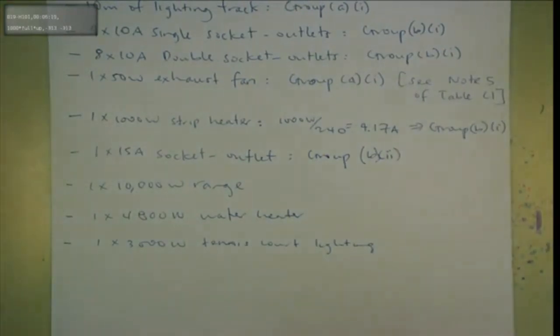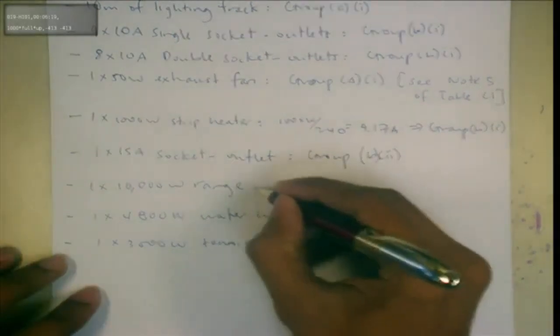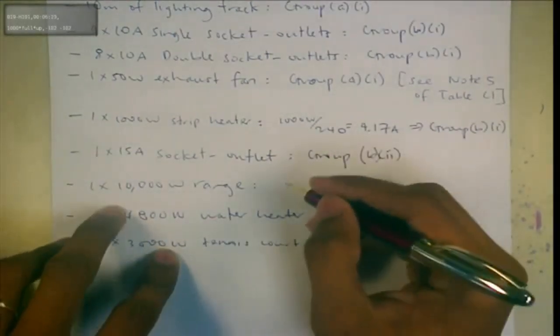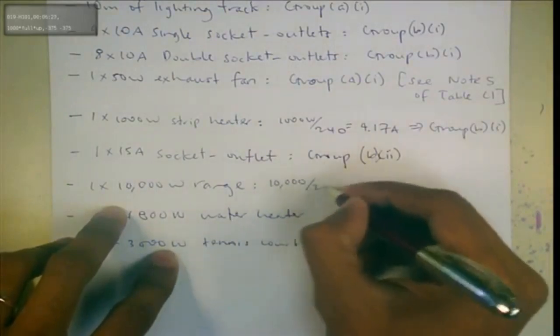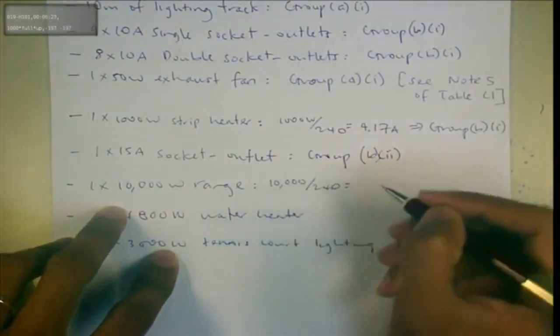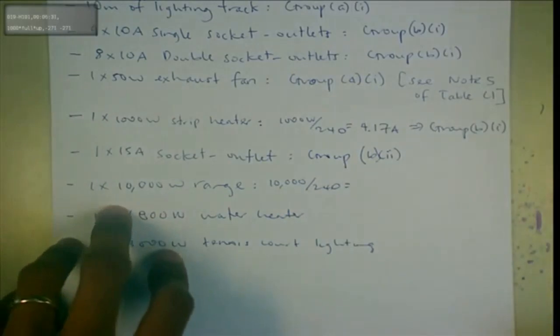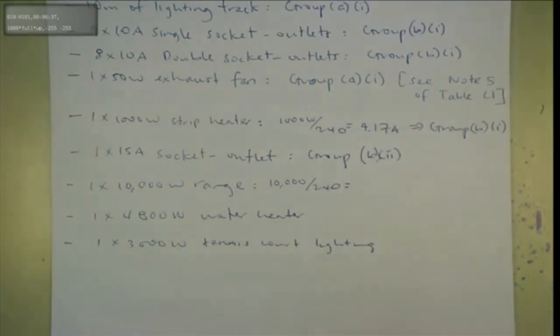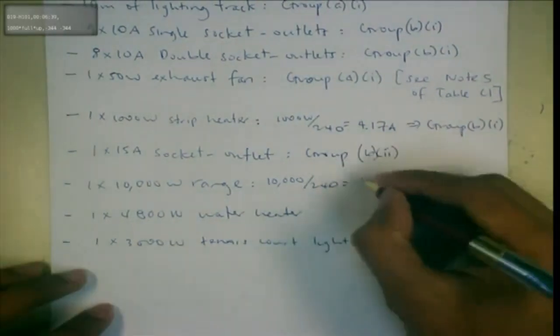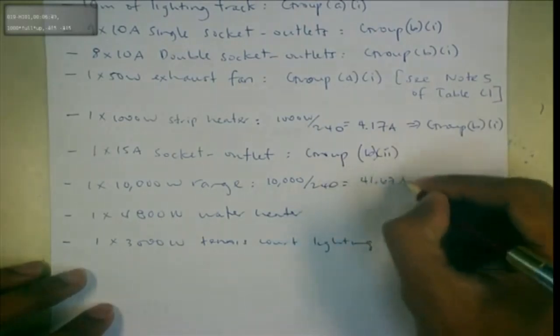Now 10,000 watt range. Okay. When power is given, we first of all just calculate the current, right? So 10,000 watt range. Anyone can find the current? 41.67 amps.